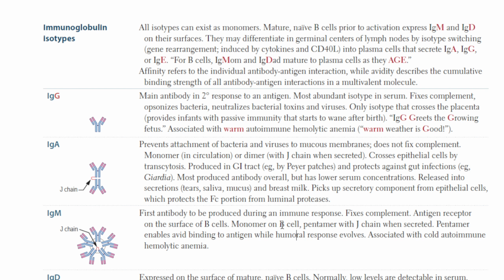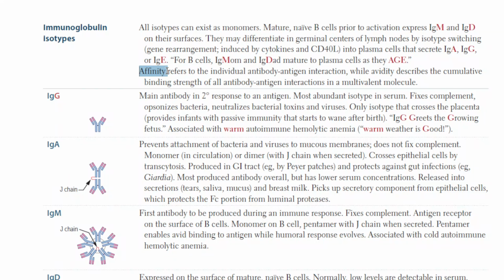So as the book describes, affinity refers to the individual antibody antigen interaction, this says individual, while avidity describes the cumulative binding strength, more than one, of all antibody antigen interactions in a multivalent molecule.